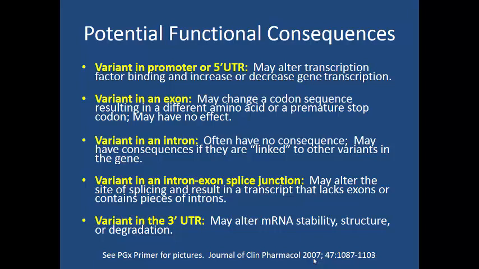I'm not going to walk through all of the pictures in that primer. I'm going to walk through one example, but I do refer you to that primer for pictures of all of these examples.